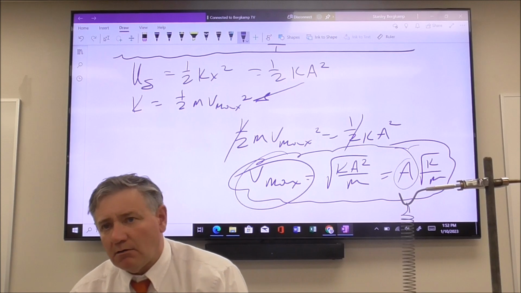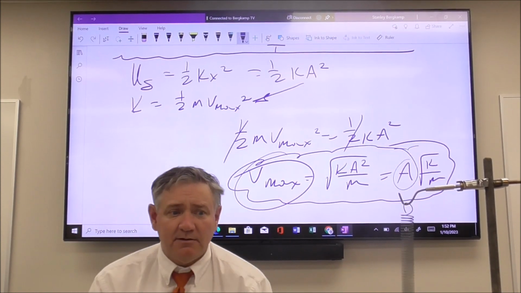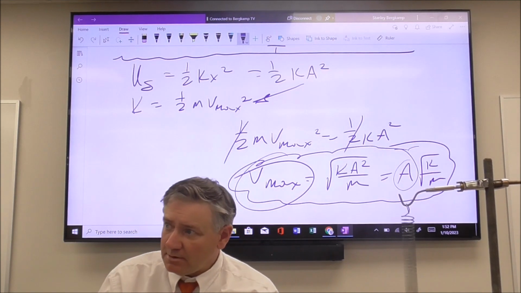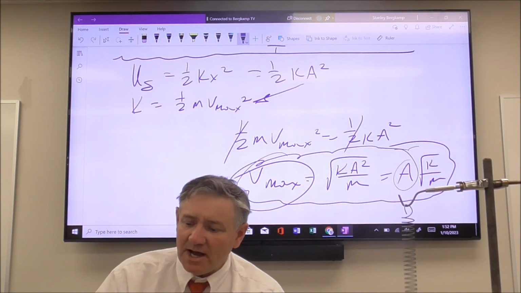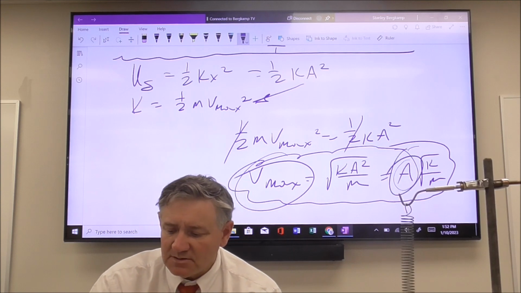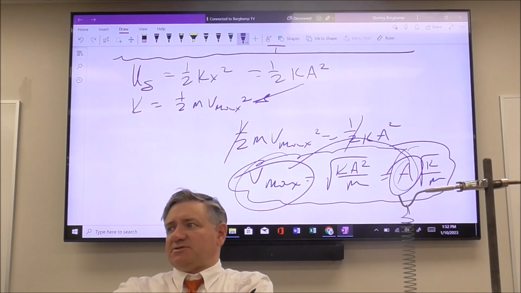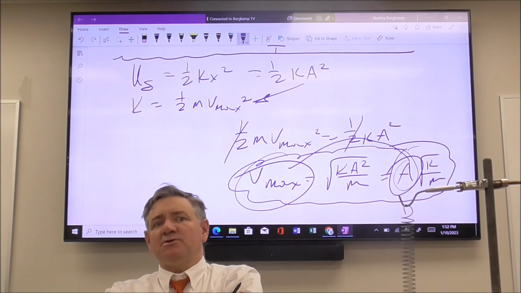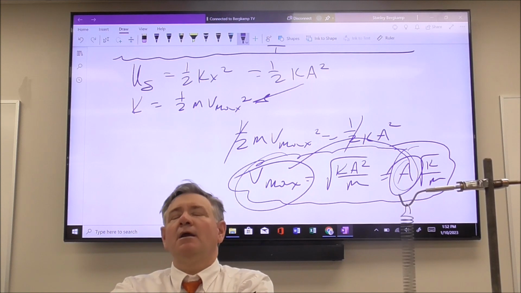Pretty small. If I have a bigger amplitude, it's going to double. The relationship between amplitude and v max is a straight linear relationship. If I double my amplitude, I double my v max.